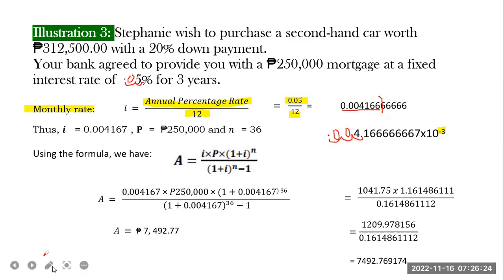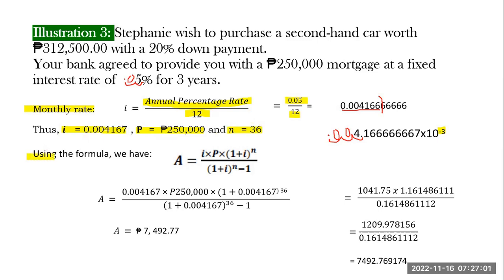Kaya, okay, the monthly rate is 0.0041667. And our P, that is 250,000. And then our N is equal to 36. Okay, so 12 months for 3 years. 3 years plus monthly. So 12 times 3, that is 36.